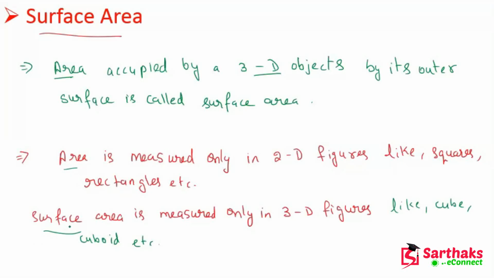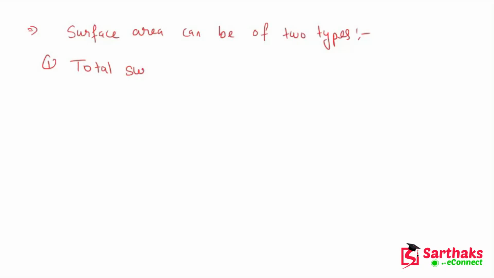So this is the difference between area and surface area. Area is only measured in 2D figures, and surface area is measured in 3D figures. Generally, surface area can be divided into two types. The first is total surface area, or TSA.